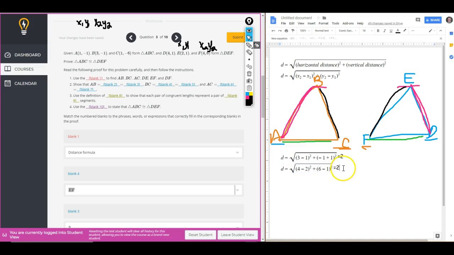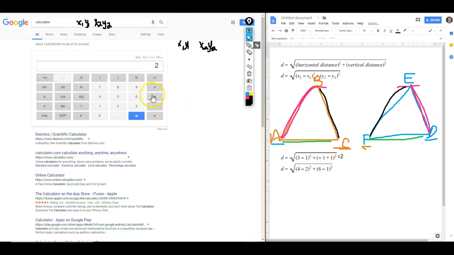Then we're going to jump over to our calculator again. Square root of parentheses 4 minus 2, close parentheses, x to the y squared, plus parentheses 6 minus 1, close parentheses, x to the y squared. What does that equal? 5.38.